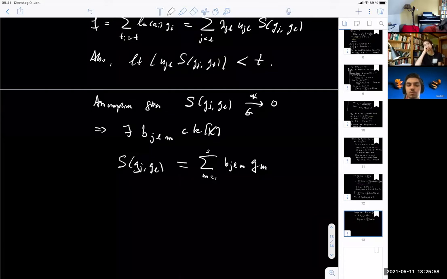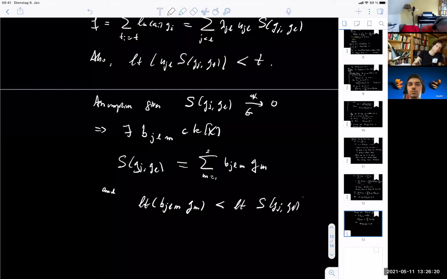I forgot, I also have control over these representations. I know the leading terms of these are less than the leading term of the S polynomial that I'm dealing with.